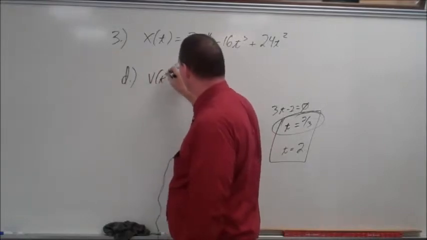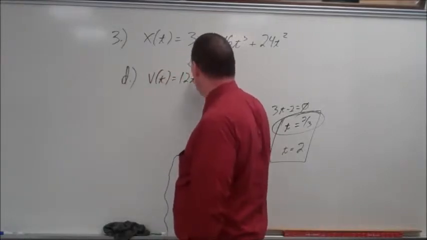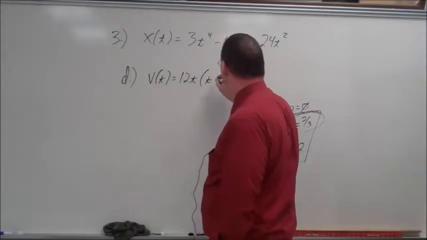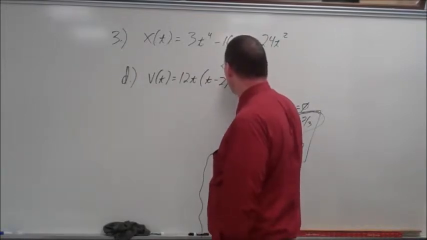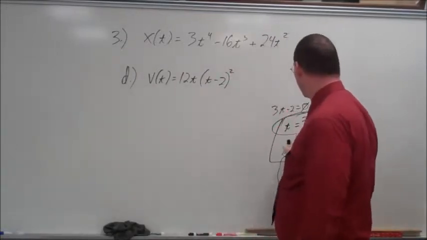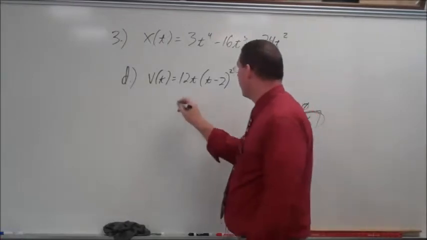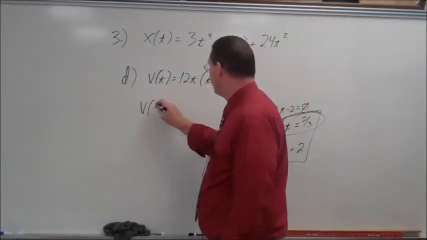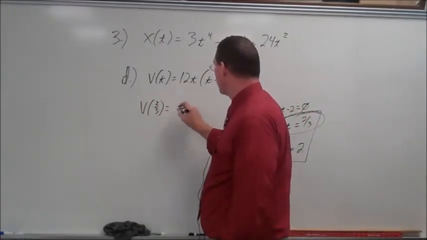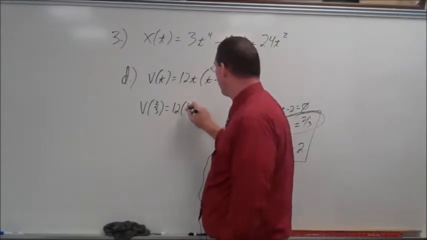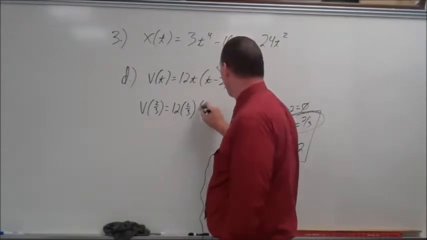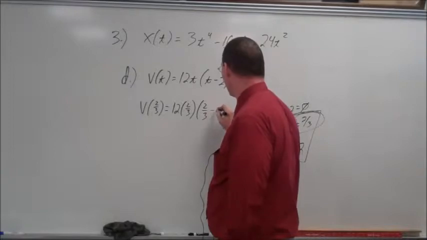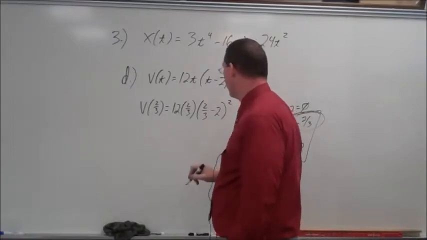The factored form is equal to 12t times t minus 2 squared. And now I'm just going to plug 2/3 in for that. So v of 2/3 is equal to 12 times 2/3 times 2/3 minus 2 squared.